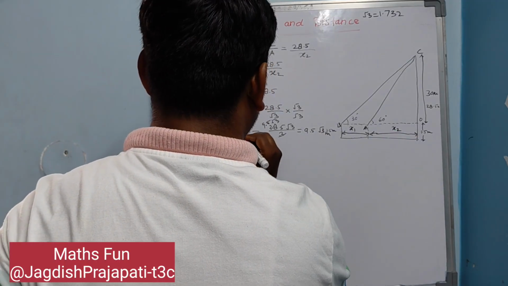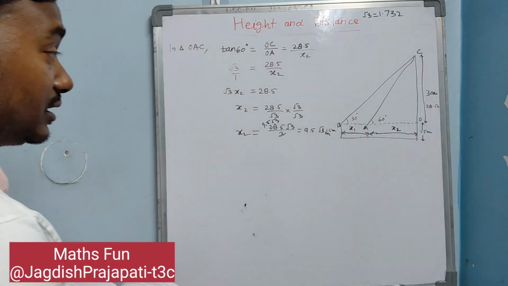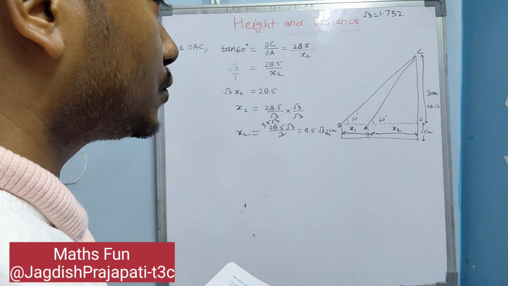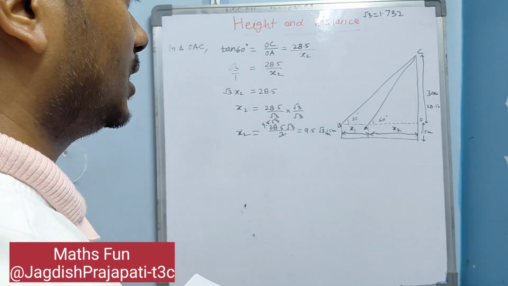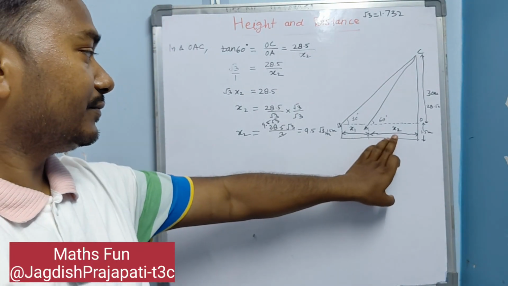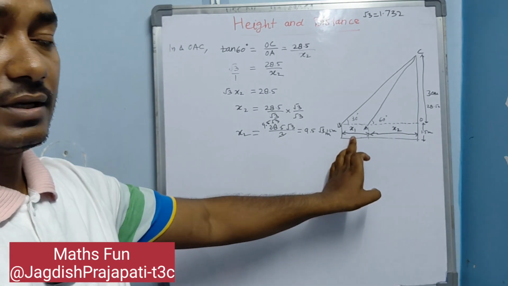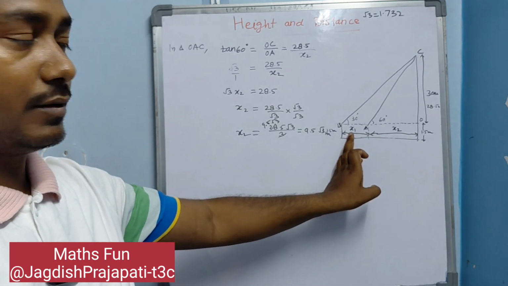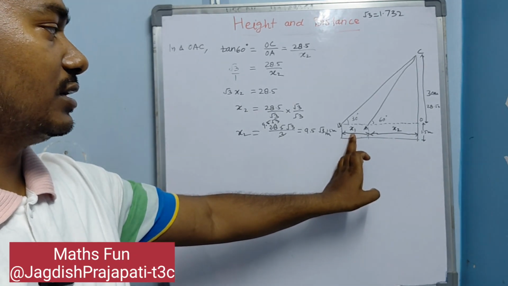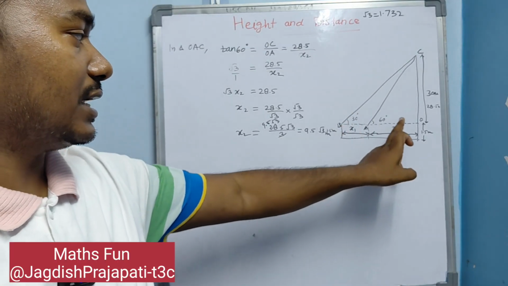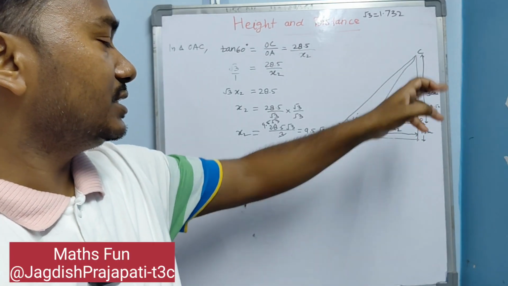So we found x2, but our goal is to find x1, not x2. x2 is a helper for this x1. Okay, so now we will use this triangle OBC.